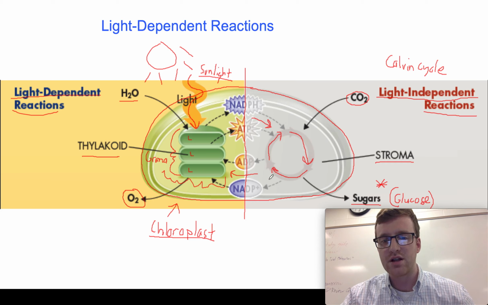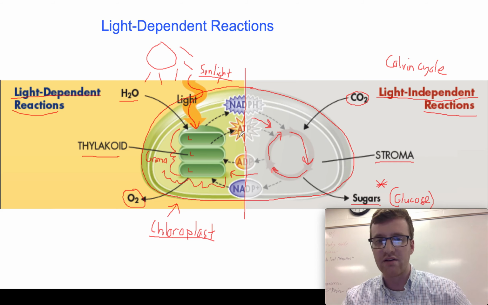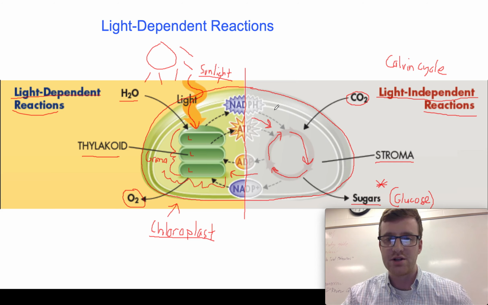After it drops off those electrons, it will be NADP plus, and then that will go back over here. So these molecules are going to be recycled. They're just dropping things off, either NADPH dropping off electrons, or ATP dropping off energy. Those high energy electrons and the raw energy from ATP are needed for this cycle to happen.